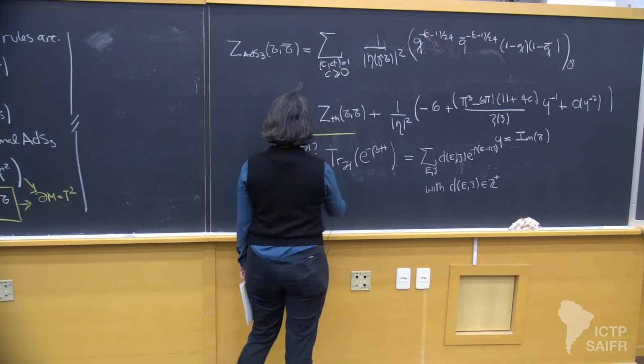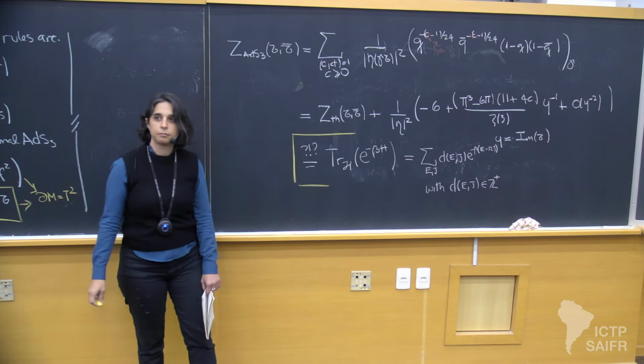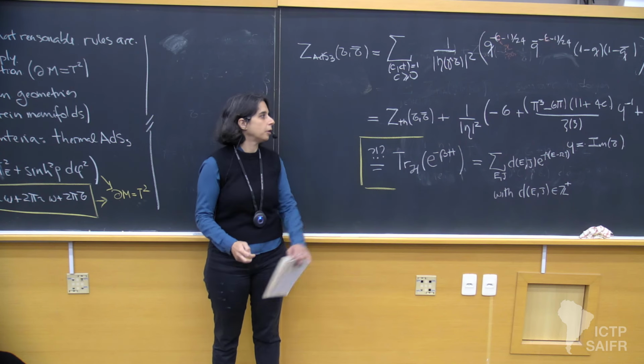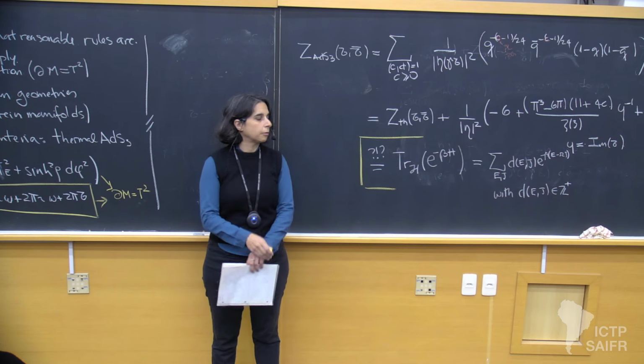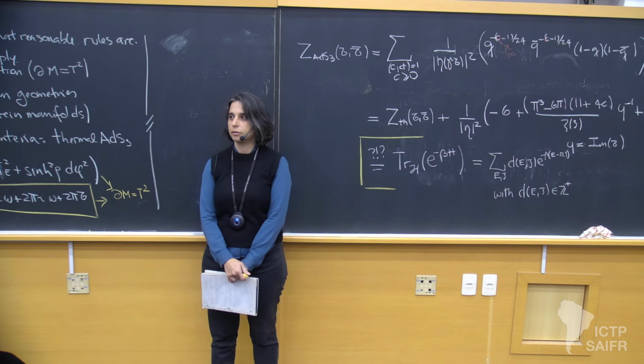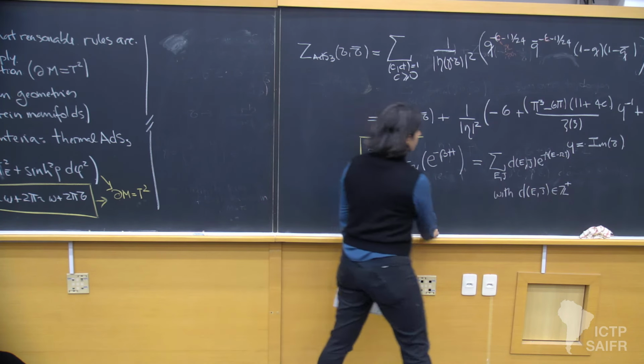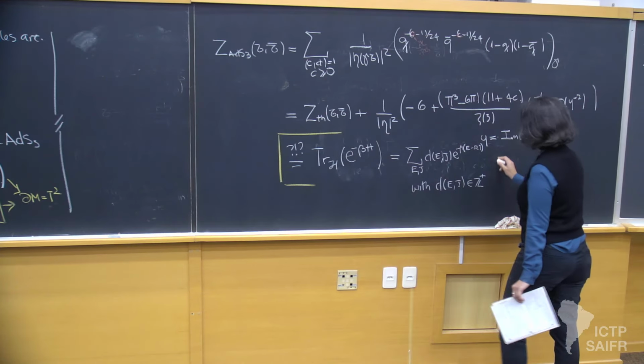Is this true or not? What will be the first thing in what I wrote up here that will tell you yes or no to that answer? So maybe let me be a bit more clear in this notation.